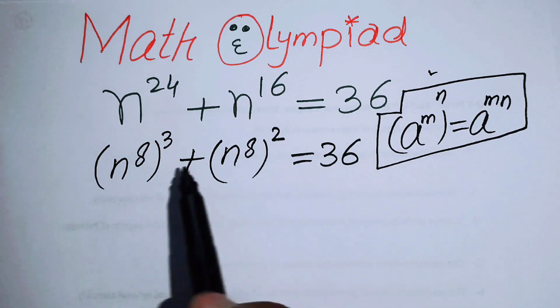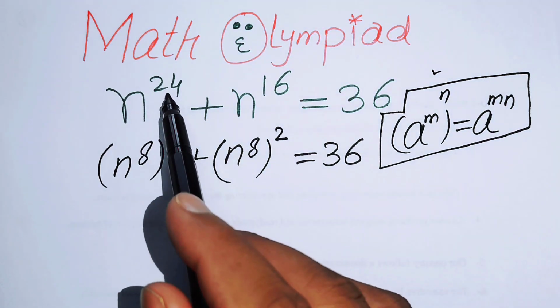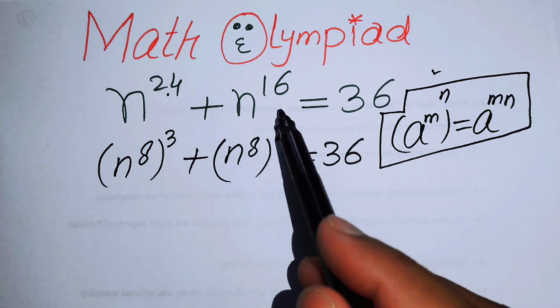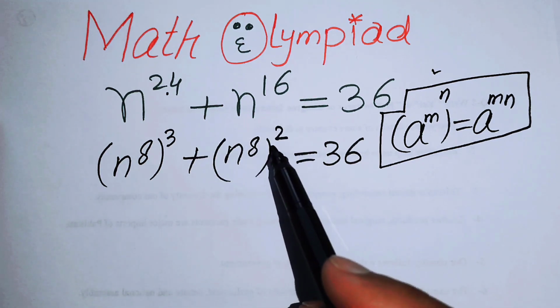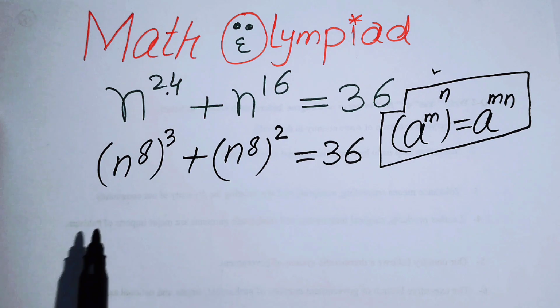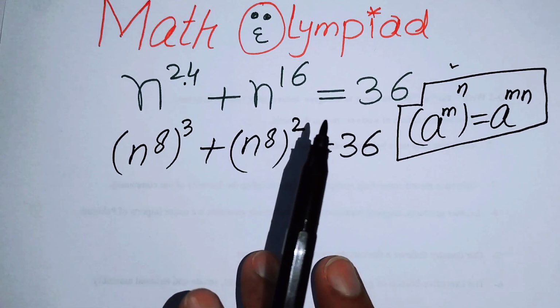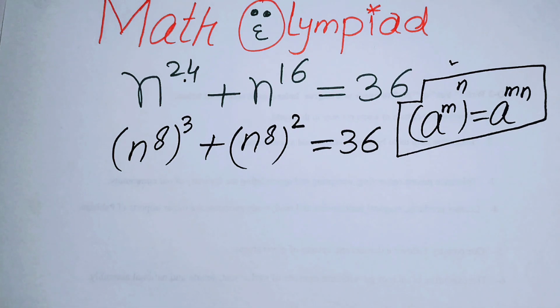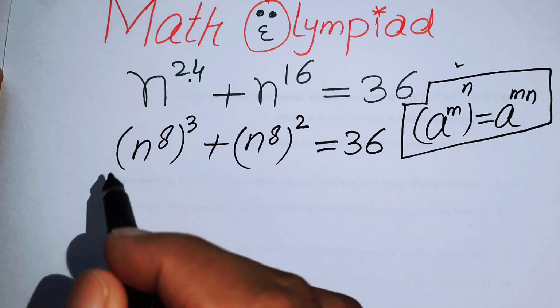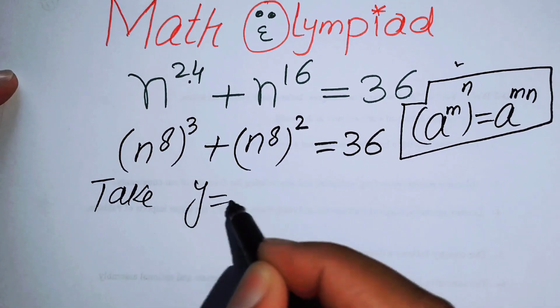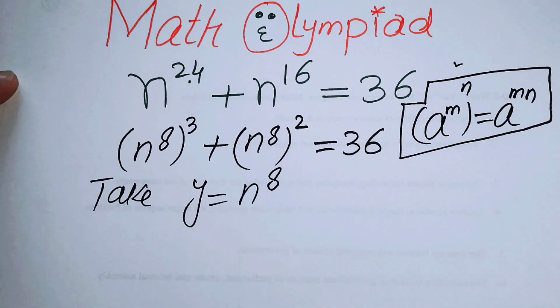According to this law we can write n to the power of 24 as n to the power of 8 to the power of 3, plus n to the power of 16 as n to the power of 8 whole squared, equals 36. And now we can convert this exponential equation into a simple polynomial form, so I can just take y equals n to the power of 8.